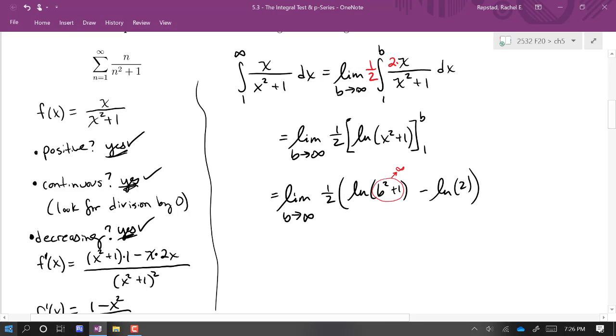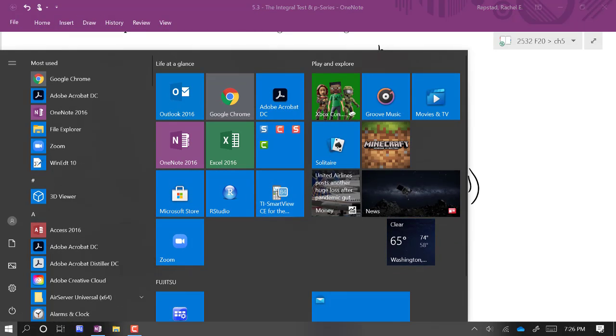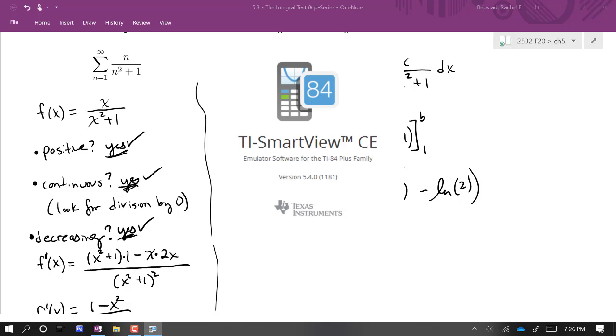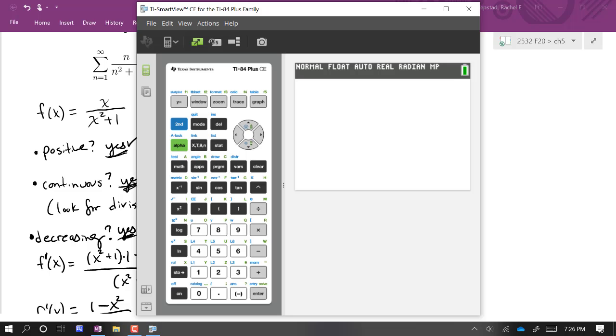We could examine that by taking a quick look at the graph. And really I'm just going to look at ln x, right? I mean, the big question is, what happens to ln as the stuff inside gets huge? So I can determine this whether I put in ln of x squared plus 1 or ln of x.